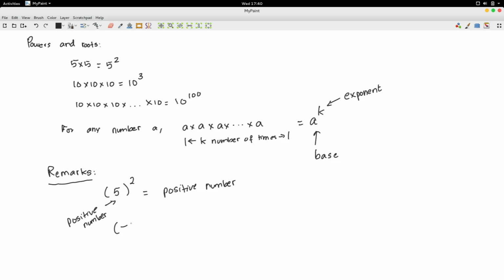If you have a negative number and you raise it to some power k, you will get a positive number if k is even. You will get a negative number if k is odd.